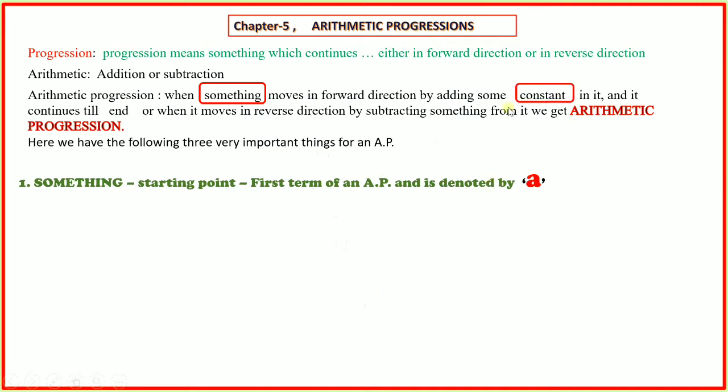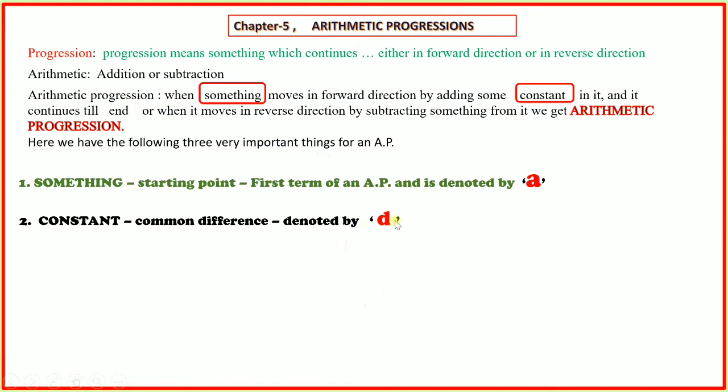The second thing is the constant, which I spoke about already. In AP language, we call this constant the common difference, denoted by small letter d.